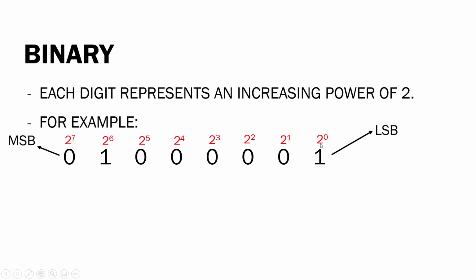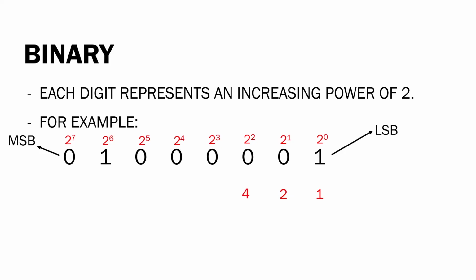Then we're going to simplify this one. 2 raised to 0 is equal to 1, or any number raised to 0 is equal to 1. Then 2 raised to 1, or 2 times 1 is equal to 2. Then 2 raised to 2, or 2 times 2 is equal to 4.